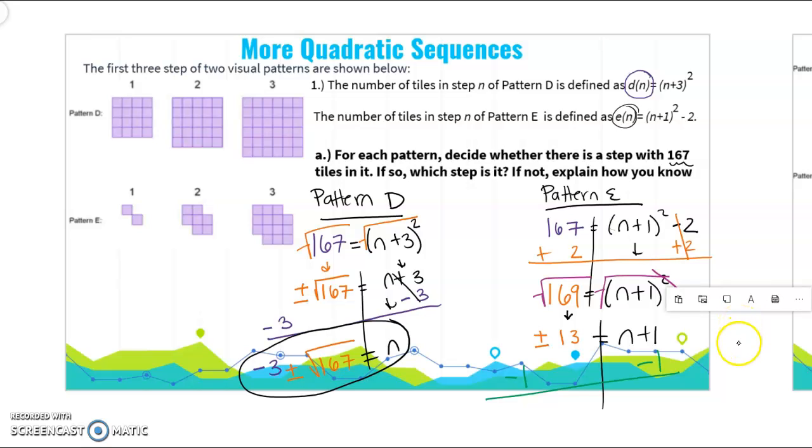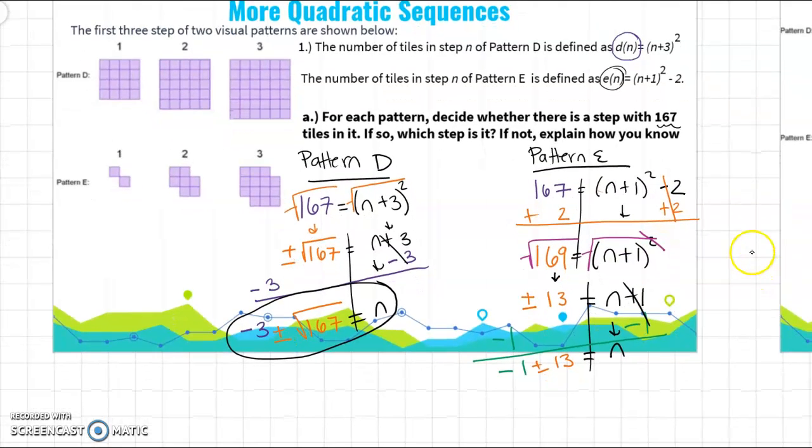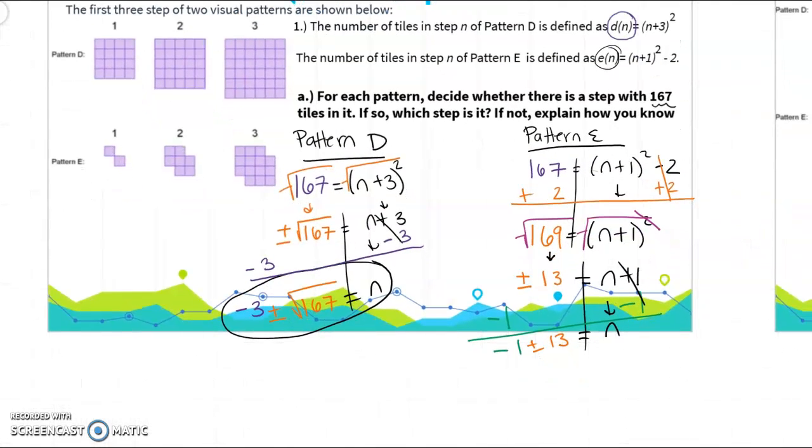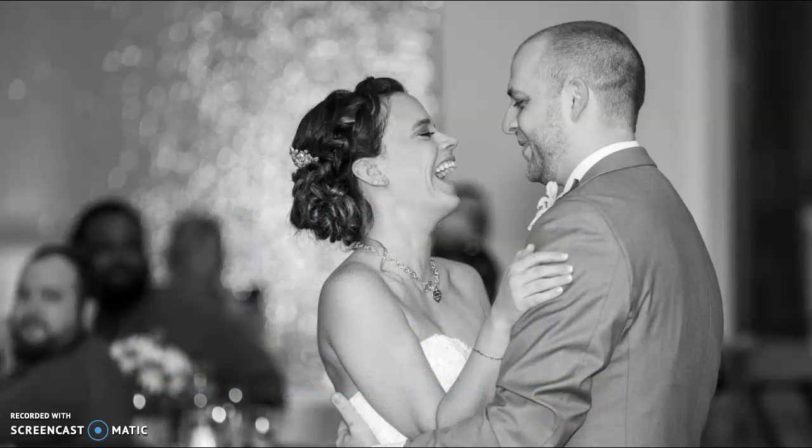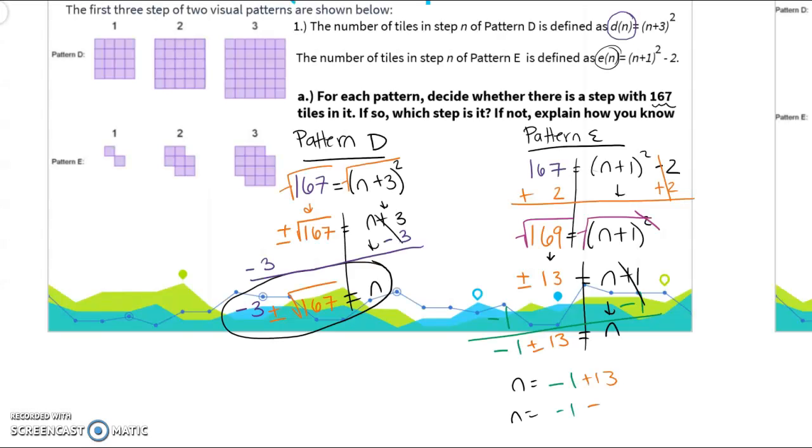So let's see if I can scroll down a little bit. I'm going to bring my n down, and essentially I have negative 1 plus or minus 13. My actual full-blown answers are going to be negative 1 plus 13, or negative 1 minus 13.